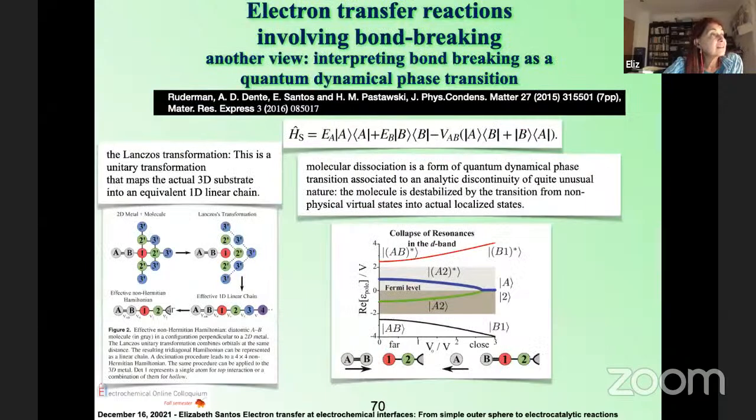And the last, another view, completely different, is that we use the same Hamiltonian, but from physics. We use the Lanczos transformation and also Green functions. But then we can associate this molecular dissociation with a form of quantum dynamical phase transition, which is related to an analytical discontinuity due to a virtual state.